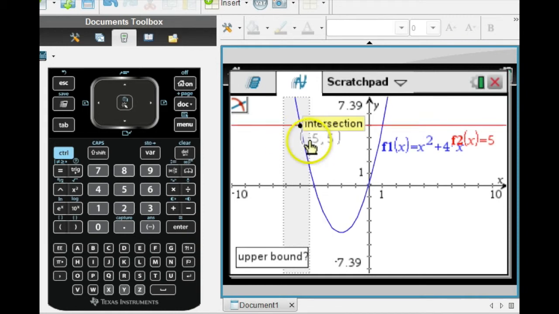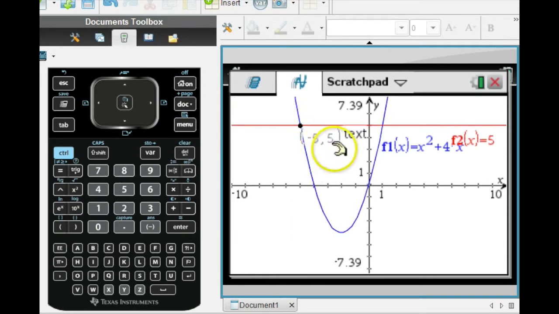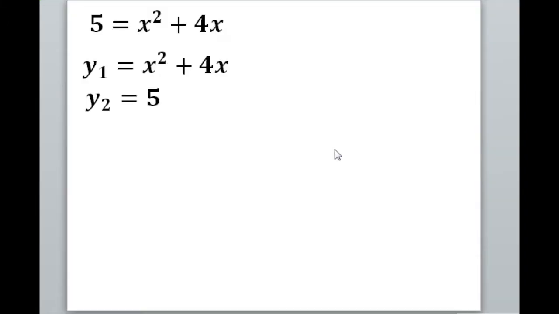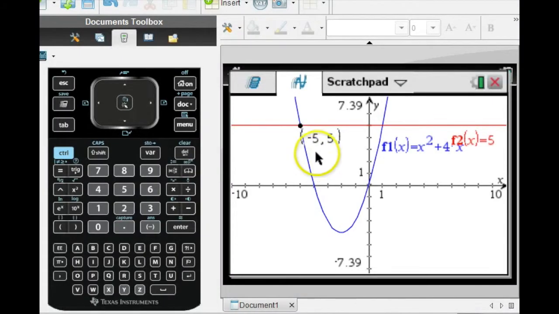That's perfect. So as soon as I cover that, then I know I've covered enough. I do that when I'm on what they call the upper bound, which is kind of the right-hand side of the intersection. I click again, and it tells me that my intersection is negative 5, 5. Okay, which is great. We know that our x value is negative 5, our y value is positive 5, and we do that right here.